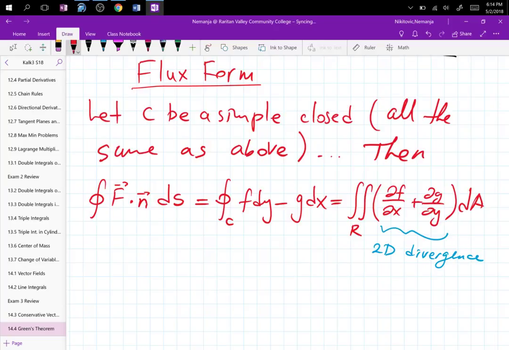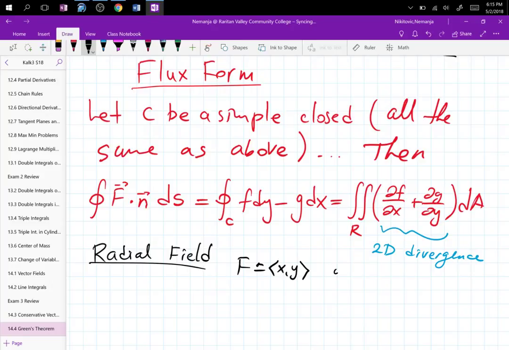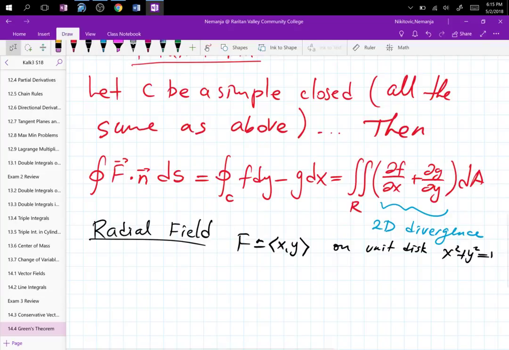So for this example, let's go with the radial field F(x,y), so the stuff is shining out, on the unit disk x squared plus y squared less or equal than 1. I mean equal to 1. It circles the area. All right, that's what we have.